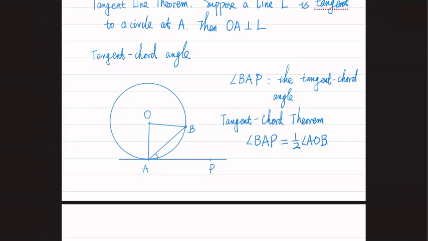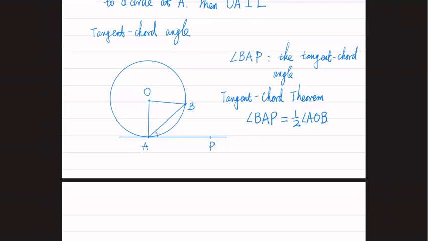Okay, so to prove that this is the half, I will mark the midpoint and connect this. Okay, so a proof.